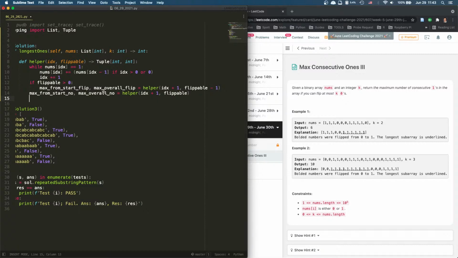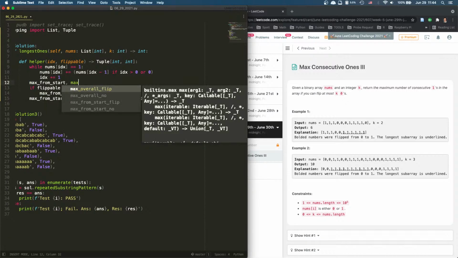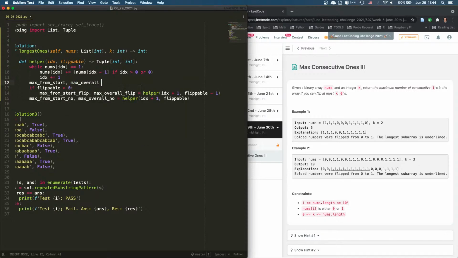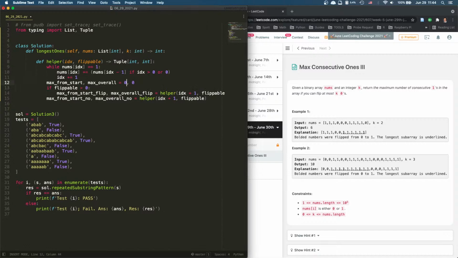To see which one is the best, we're going to say, actually, I think we can call, let's do this, max from start and max overall, both are 0, right? Actually, max from start and max overall is from this one moving on.